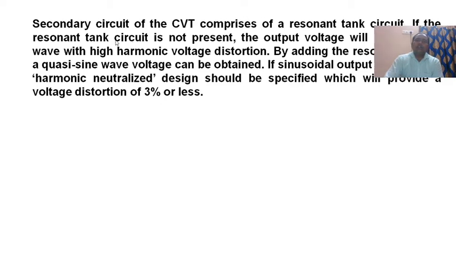If the resonant tank circuit is not present, the output voltage will be a square wave with high harmonic voltage distortion. By adding the resonant circuit, a quasi-sine wave voltage can be obtained. If sinusoidal output is desired, a harmonic neutralized design should be specified, which will provide a voltage distortion of 3% or less.